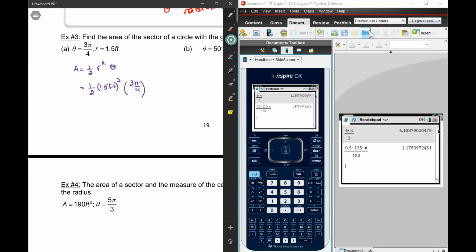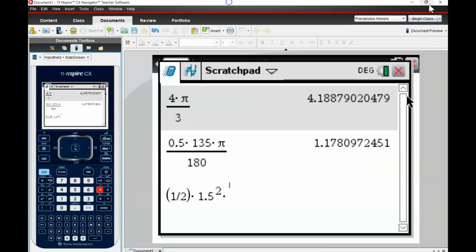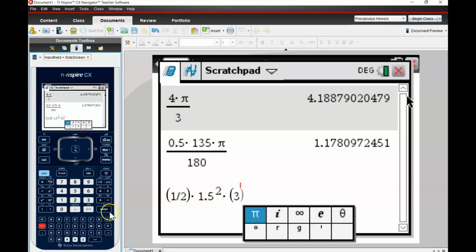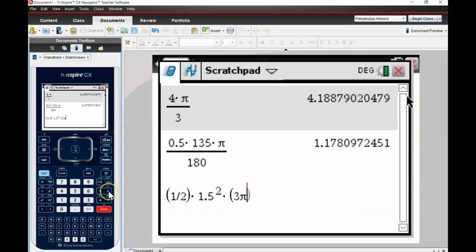Okay, so take a look here. We need to transfer this into the calculator. So it's going to be 1/2 in parentheses 1/2 times 1.5 squared times, let me make this bigger, in parentheses 3 pi over 4.